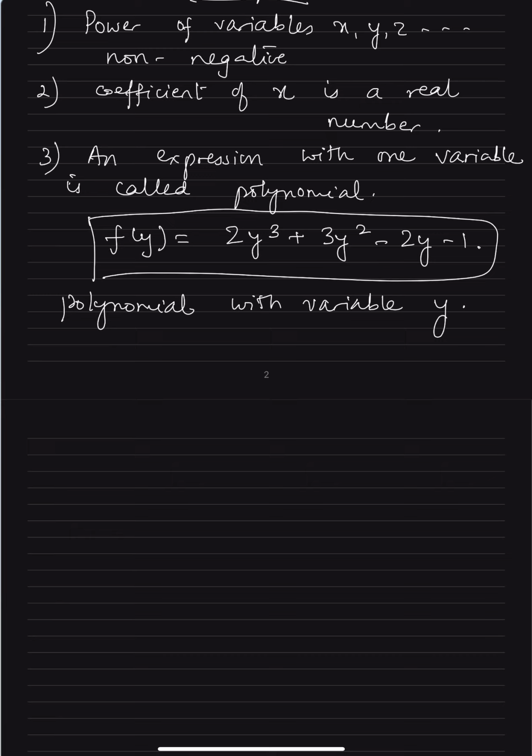And the general form is ax square plus bx plus c of an algebraic expression.